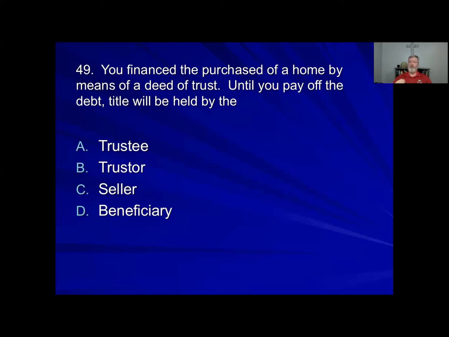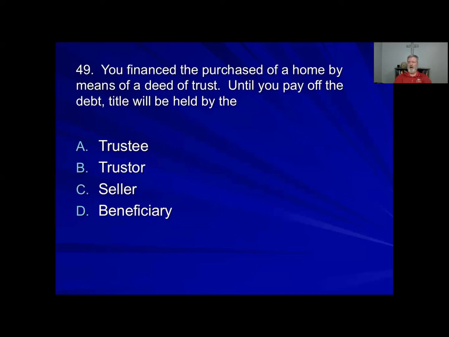Because that's basically what the question's asking. It will be held by somebody, and that means either receiving the trust or giving the trust. Well, the answer is they're going to be receiving the trust. So who receives, the EE or OR? Remember, EE receives. So A is going to be the right answer.